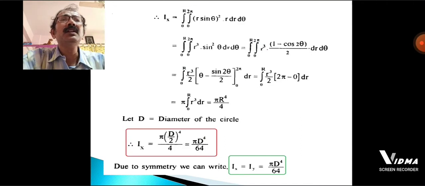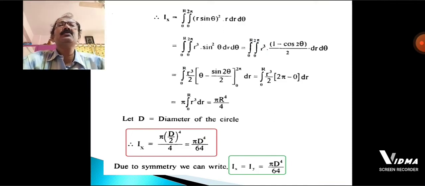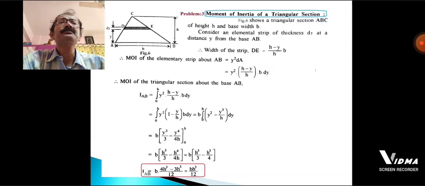Finally this equals pi into the integral from 0 to r of r cube dr, so pi r to the power 4 by 4. In terms of the diameter d, Ix is pi d to the power 4 by 64. Now the circle is symmetric about the x-axis as well as the y-axis, that's why Ix equals Iy equals pi d to the power 4 by 64.